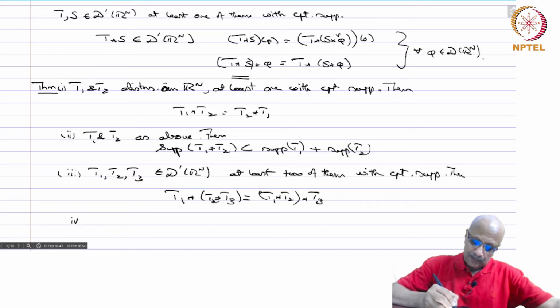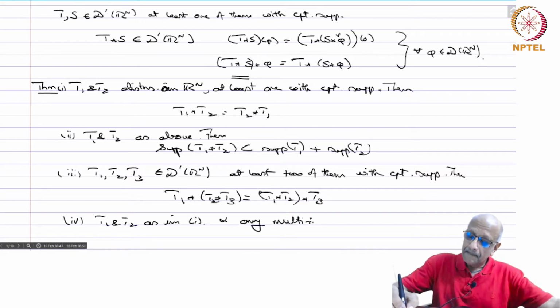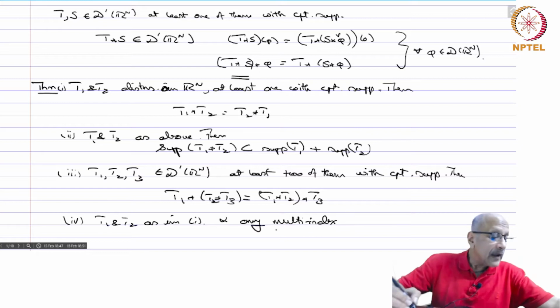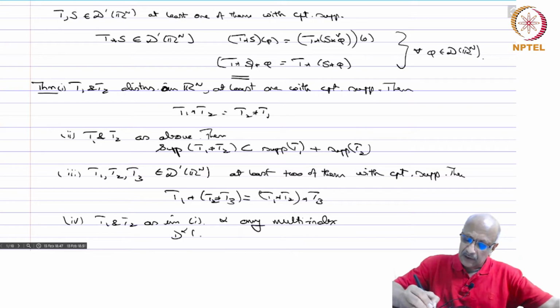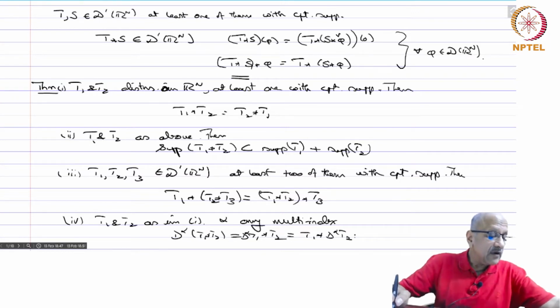Four, for T1 and T2 as in 1, so at least one of them with compact support, alpha any multi-index, then d alpha of T1 star T2 equals d alpha T1 star T2 equals T1 star d alpha T2. So, you can push the derivative wherever you like.